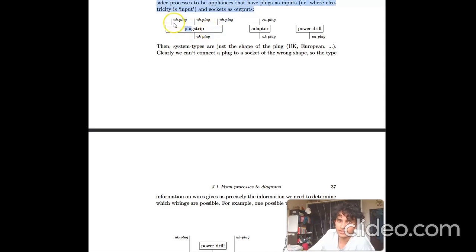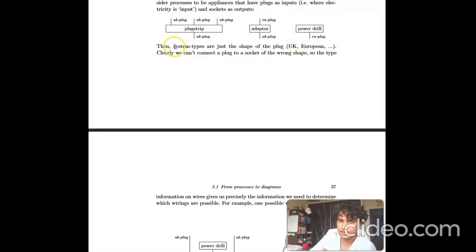You have a plug strip over here, it has 3 extra plugs, and it has 1 plug as input, because you have to connect your adapter to an electrical output, and it's going to have 3 different sockets. Those 3 sockets are what's on the top over here. So top has output always, bottom has input always. And similarly you have one adapter over here and just a utility or just a device.